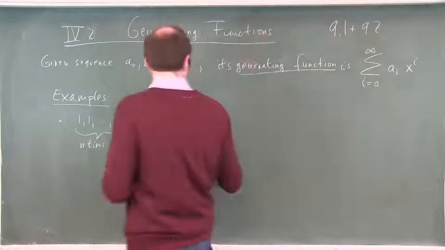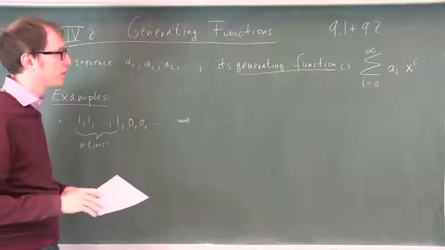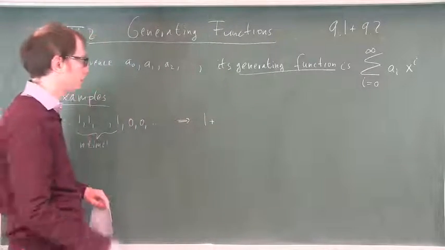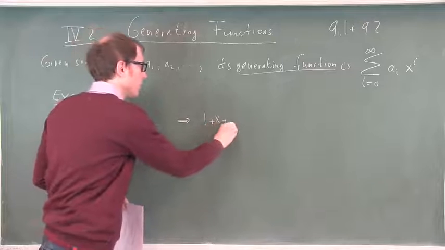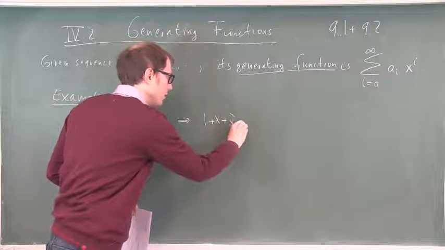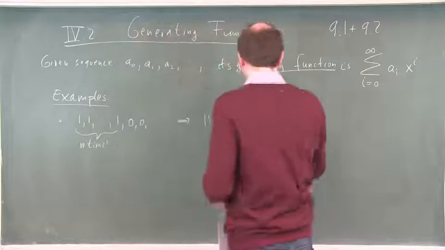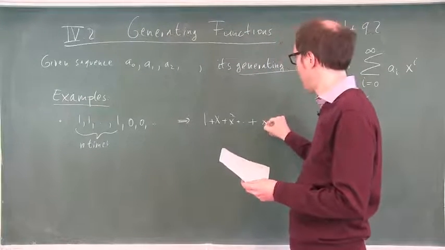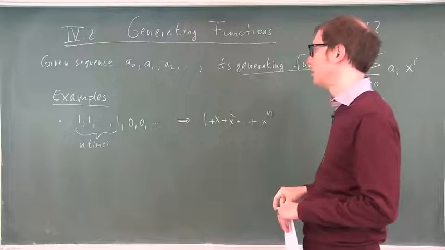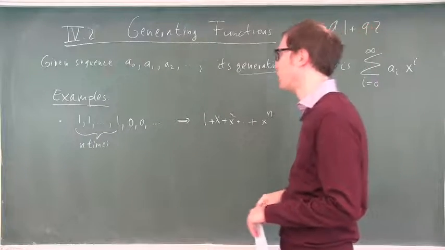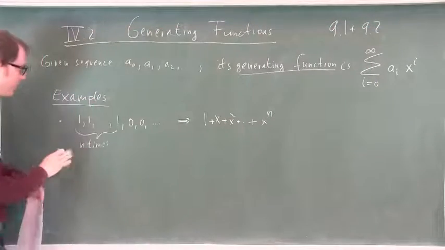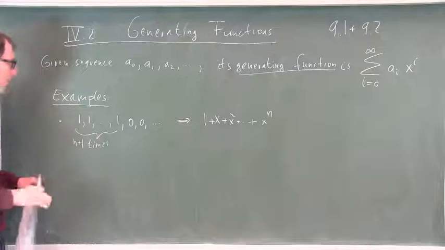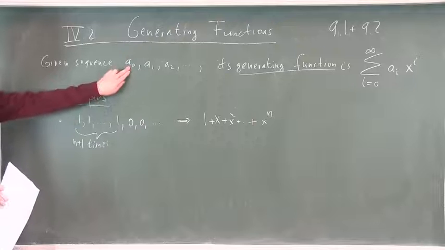Well, it's 1 times x to the 0, which is just 1, plus 1 times x to the 1, which is x, plus 1 times x squared, and so forth, until x to the n. You probably notice this should be n plus 1 terms, because you start counting from 0.